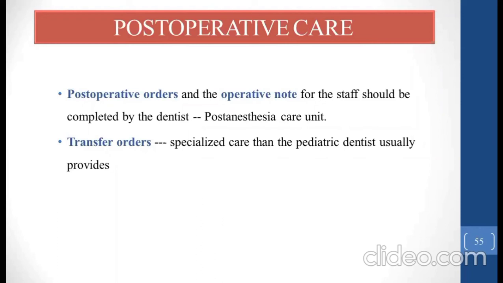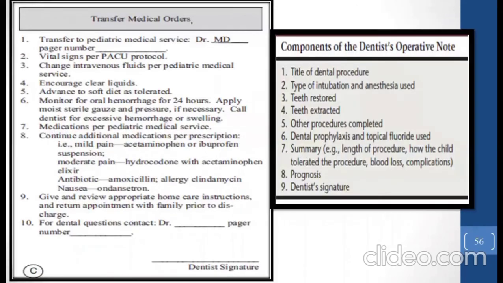The transfer order may be used for individuals requiring more specialized care than the pediatric dentist usually provides. This is the transfer medical order that includes transfer to the pediatric medical service, vital signs, change of any intravenous fluid for pediatric medical services, encourage clear liquids, advance to soft diet as tolerated, monitoring for oral hemorrhage for 24 hours, and apply moist sterile gauze and pressure if necessary.